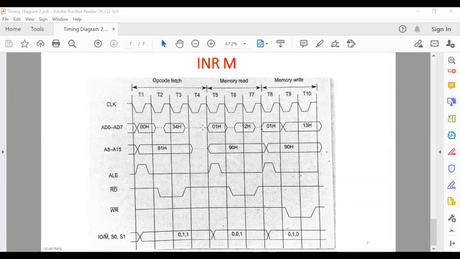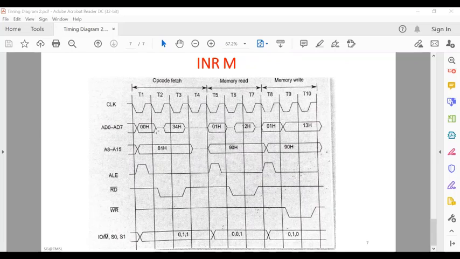After executing this opcode, it needs to identify the data. And where is the data? At the 9001 memory location. From this memory location, the data is read by the processor, and when it is identified, it is incremented by 1 and stored into the same memory location. That's why this cycle is called memory write. And at that memory location, the data will be incremented by 1 from 12, and it gets 13.